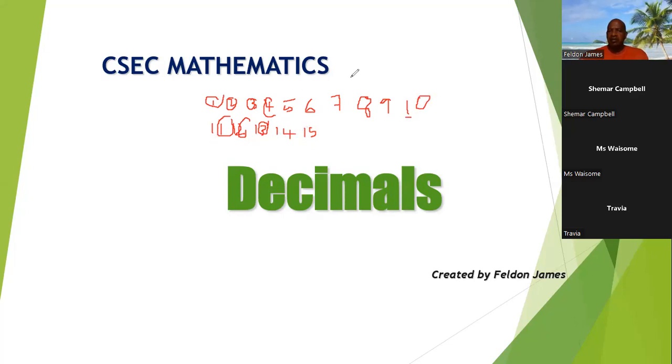But when we continue counting 11, 12, 13, 14, 15, 16, 17, 18, 19, 20, the place value for the 10th now becomes 2. And then we have a 0. And next we go 20 and 1, 20 and 2, 20 and 3, and so on. So we are always counting in groups of 10, even in our number system. So it means our number system is really a decimal system that we are using when we are counting.